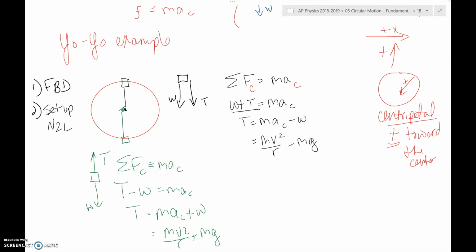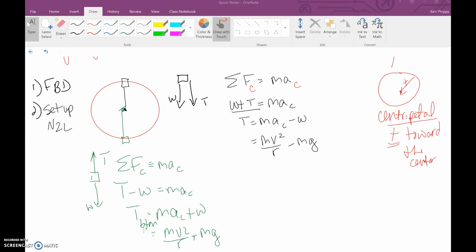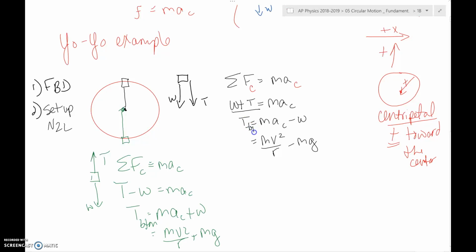And yes, you can factor that out if you want. So if we're going to call this our bottom, and this was our top, what we can deduce from this is that the tension at the bottom will always be greater than the tension at the top, because the tension at the bottom adds the weight force, whereas the tension at the top subtracts the weight force.